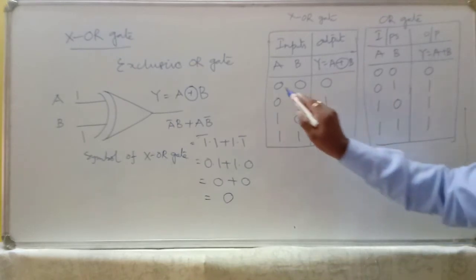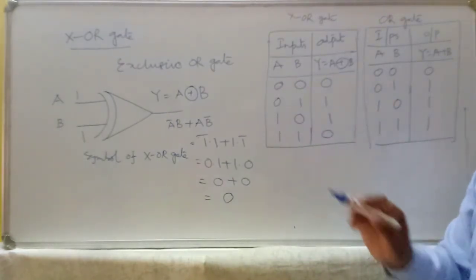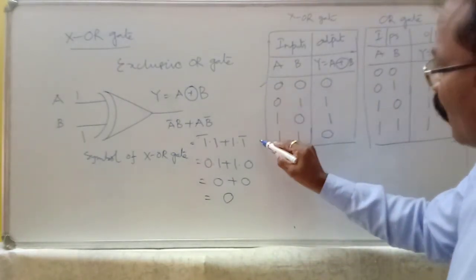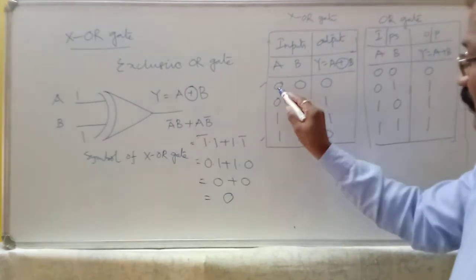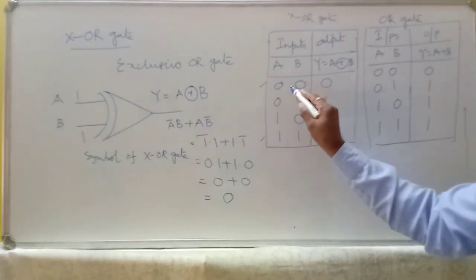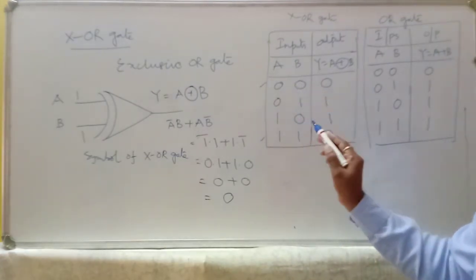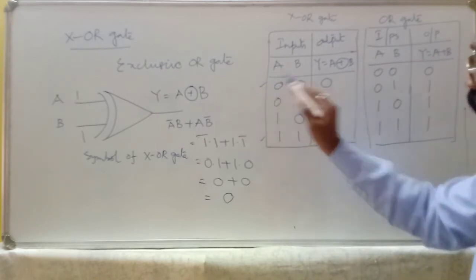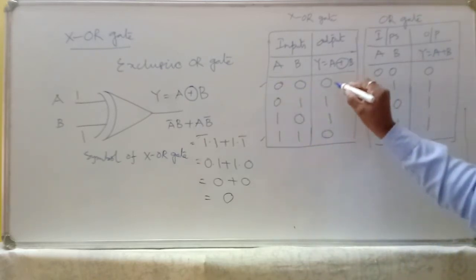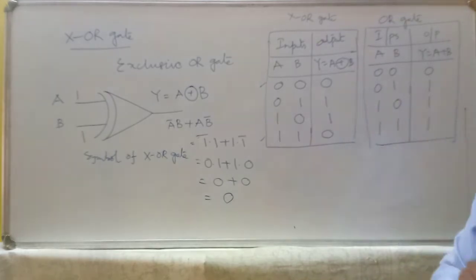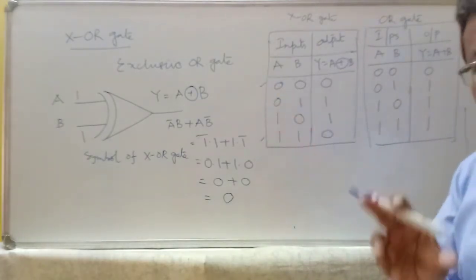Here in the XOR gate, when all the inputs are equal, that is, if both the inputs are 0 and 0, or if both the inputs are 1 and 1, then the output becomes 0.